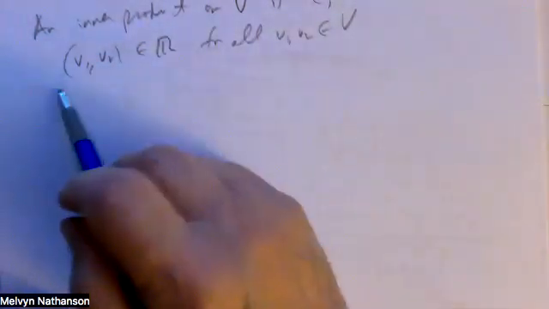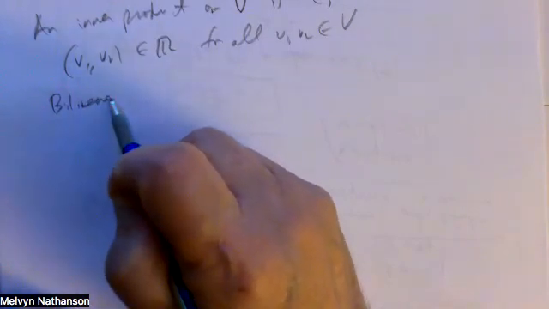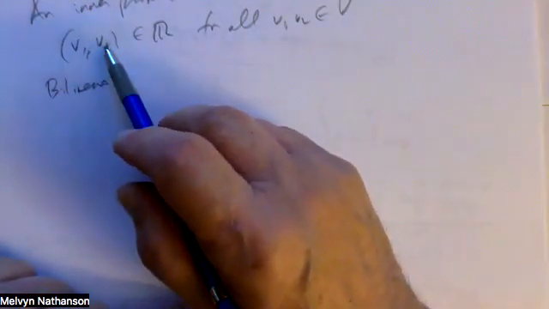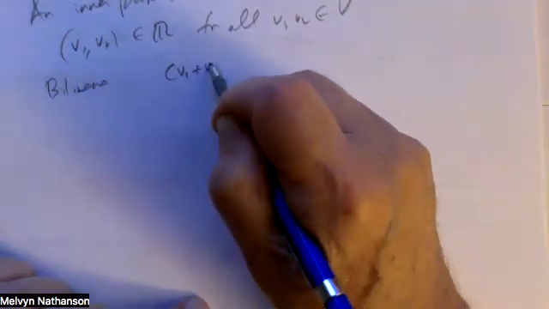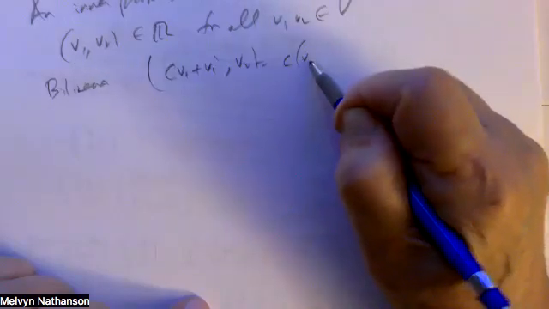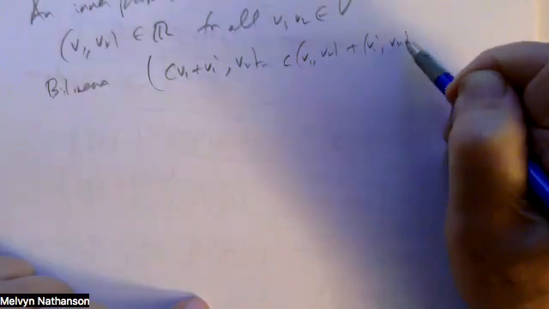And this has to be bilinear. So an inner product has three properties. It's bilinear, which means if you fix one coordinate, it's linear in the other. So for example, (cV1 plus V1 prime) inner product with V2 is c times (V1, V2) plus (V1 prime, V2).